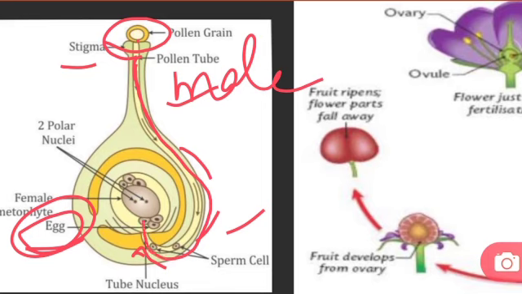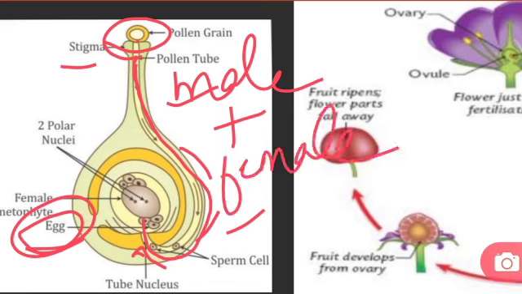So now here the fertilization takes place. So fertilization means what? Fusion of male and female nucleus, or male and female gamete, is known as fertilization. So here the fertilization takes place and then the seeds start forming inside the ovary.